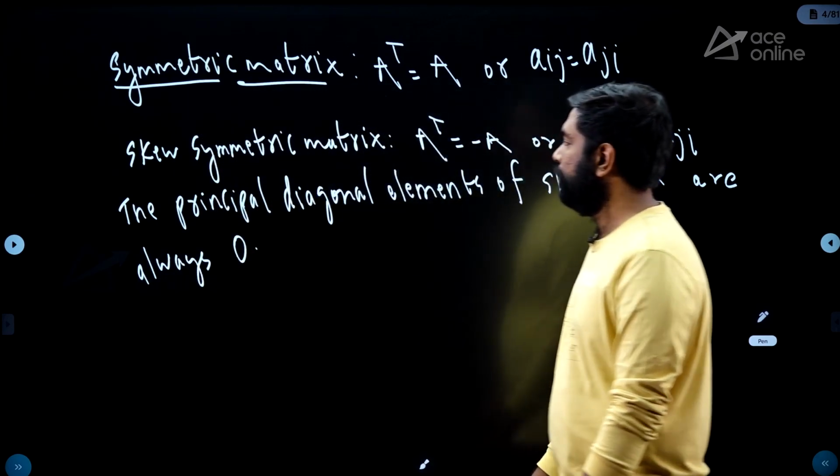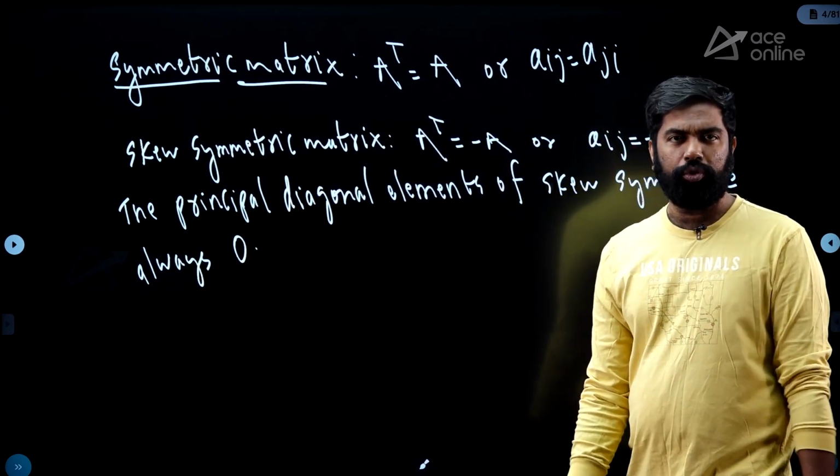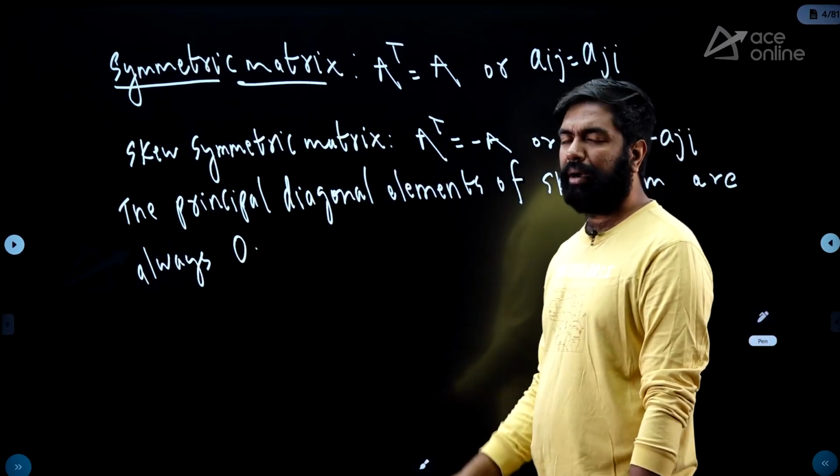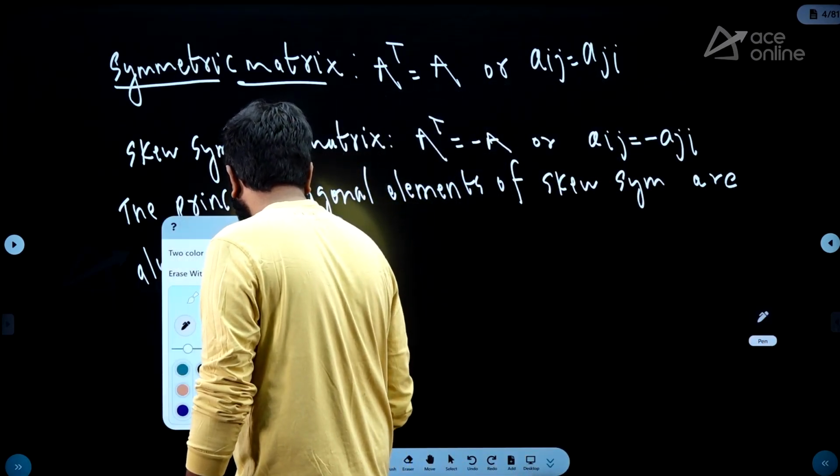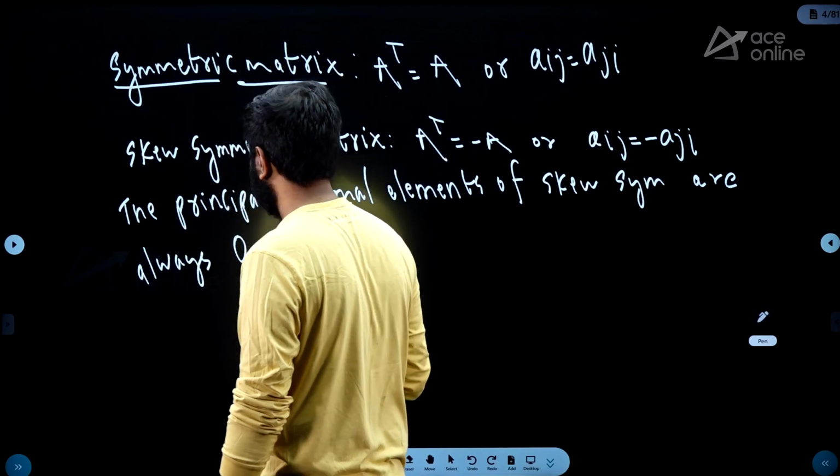Skew-symmetric matrices of odd order always have determinant 0. So this can be asked, and you can save a lot of time in this.